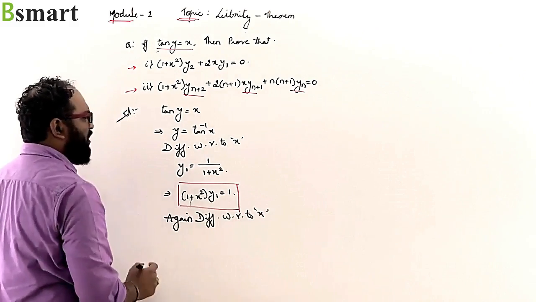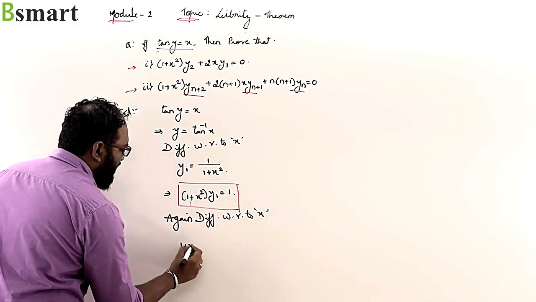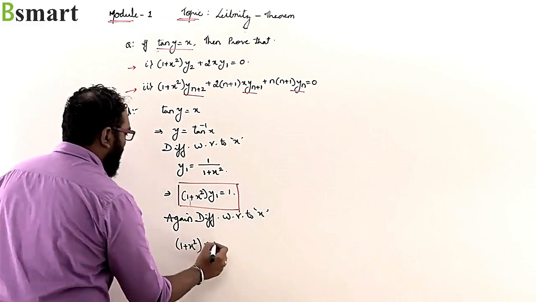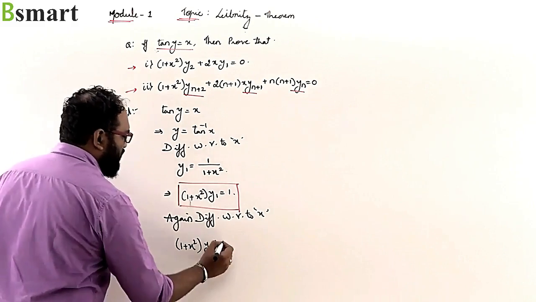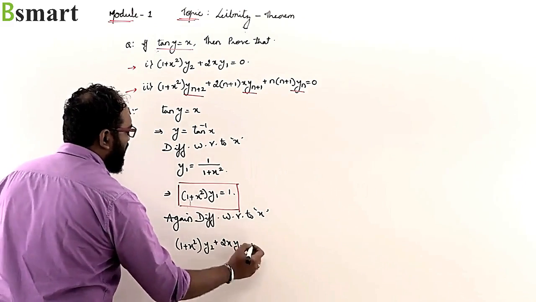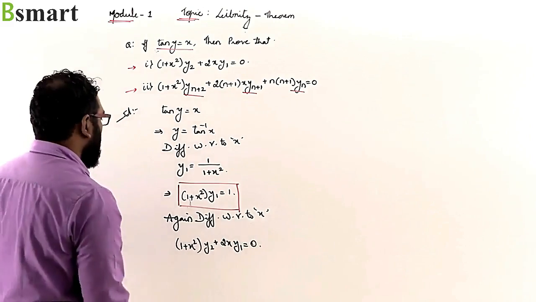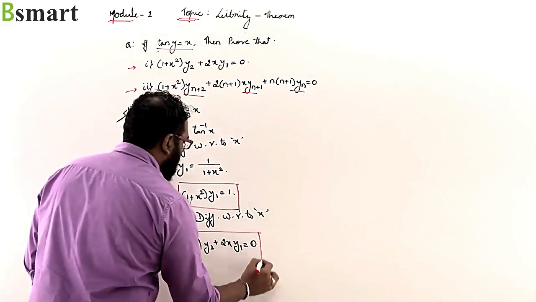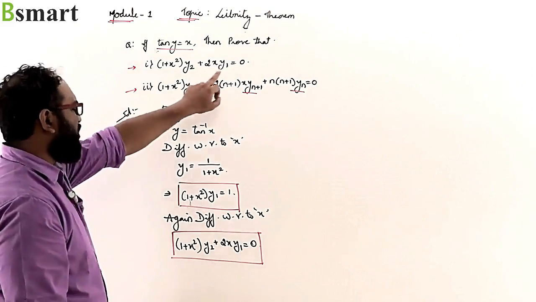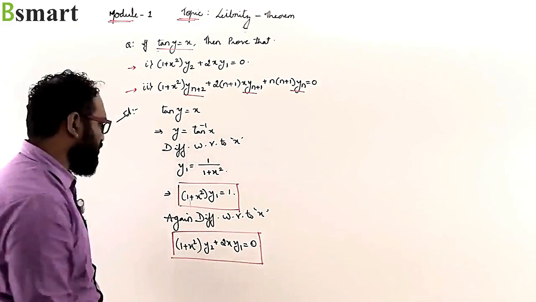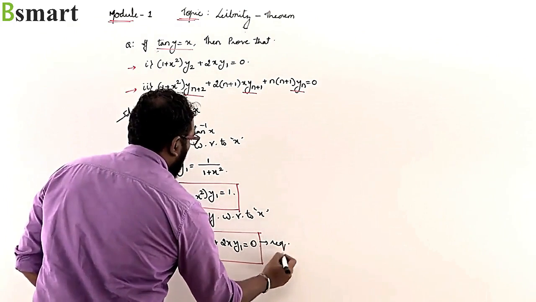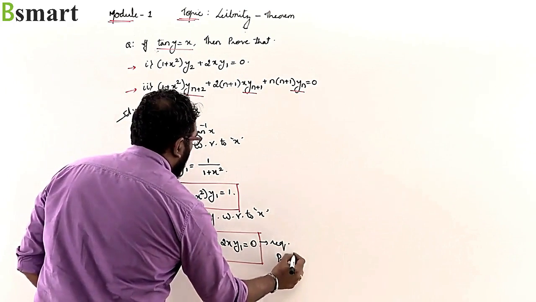Apply the uv formula for this. (1 plus x square) into derivative of y1 is y2, plus derivative of (1 plus x square), that is 2x, into y1, is equal to derivative of 1, which is 0. So this is what he asked us to prove, that is (1 plus x square) y2 plus 2x y1 is equal to 0. So which is the required proof. So this is the required proof of part 1.